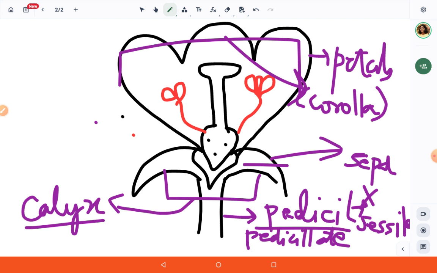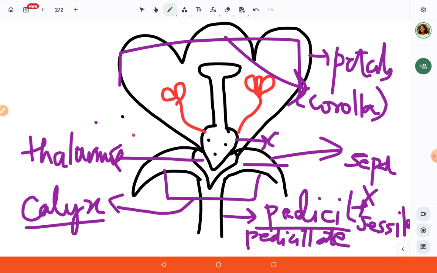Now in the female reproductive part, this is the thalamus. Thalamus is the base of the female reproductive part. This is your ovary. And inside the ovary we have got ovules.